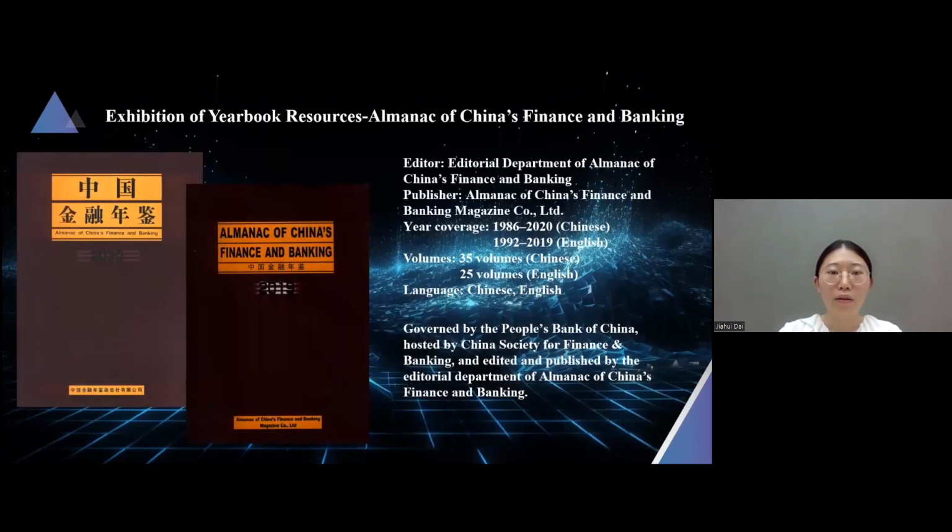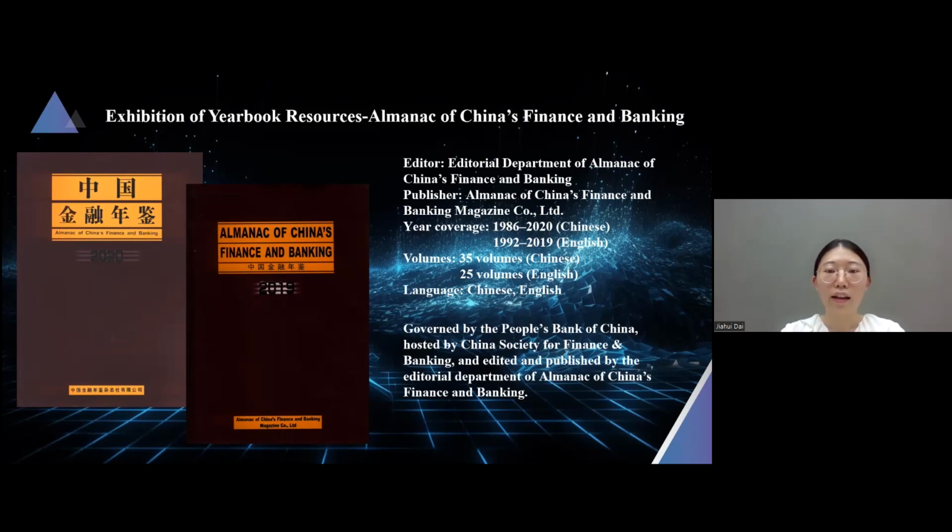Scholars who are interested in China's financial industry can pay attention to the Almanac of China's Finance and Banking. It's a large-scale informative publication governed by the People's Bank of China and compiled and published by the editorial department of Almanac of China's Finance and Banking.